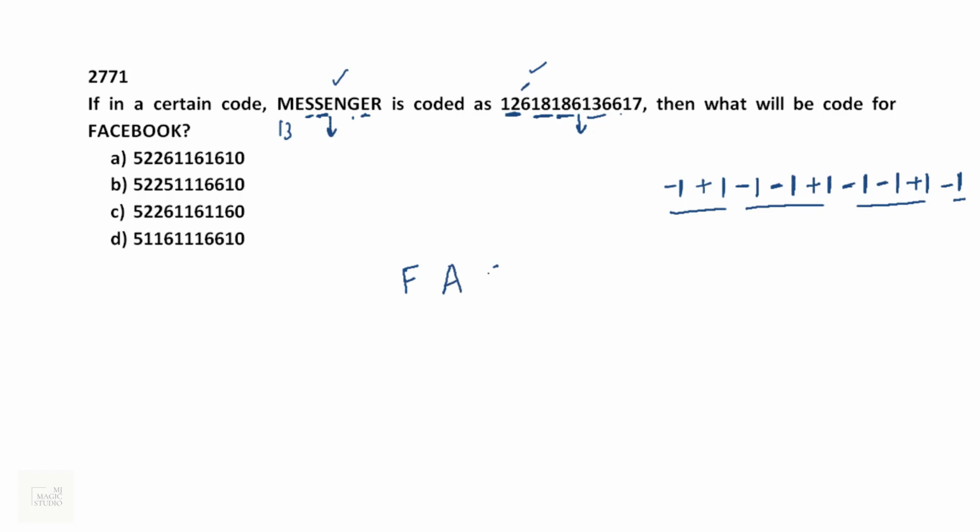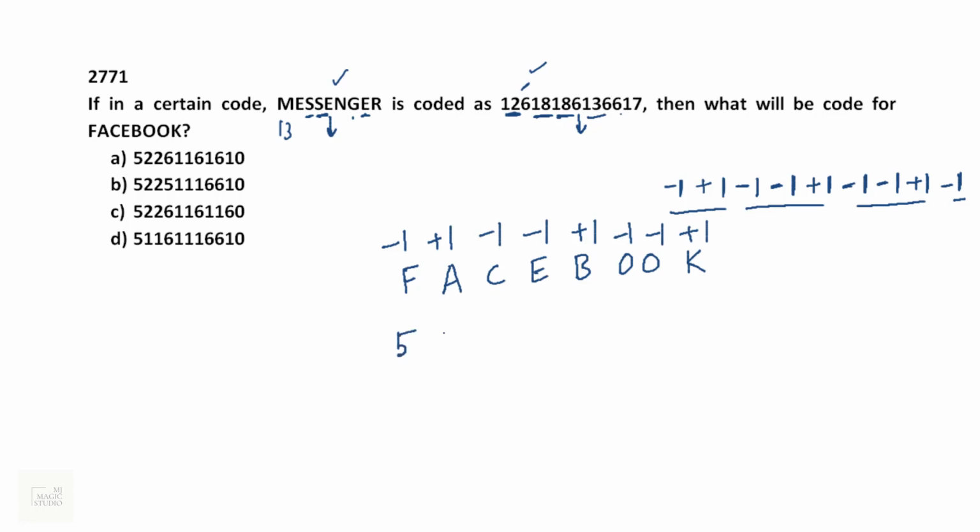We have Facebook. 1 2 3 4 5 6 7 8. 1 2 3 4 5 6 7 8 9 was minus 1 plus 1, minus 1 minus 1 plus 1, minus 1 minus 1 plus 1. Let's see if it fits in. 6 minus 1 is 5.